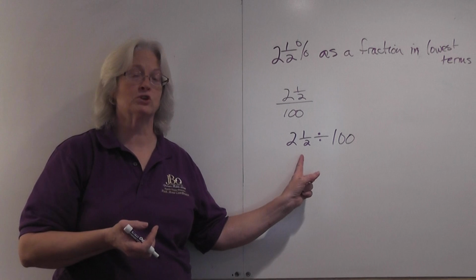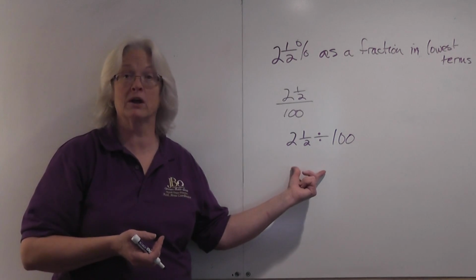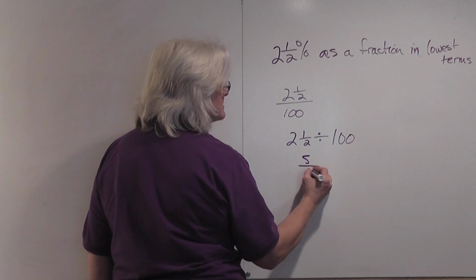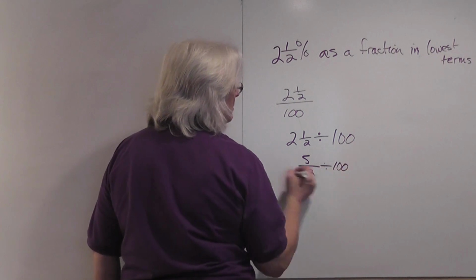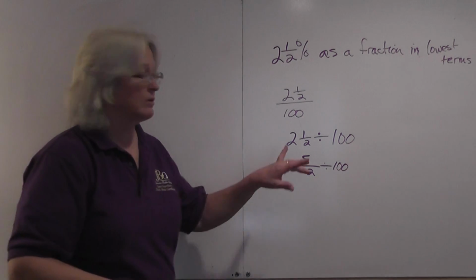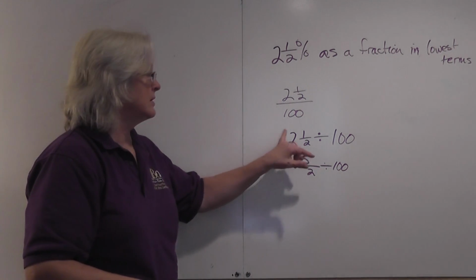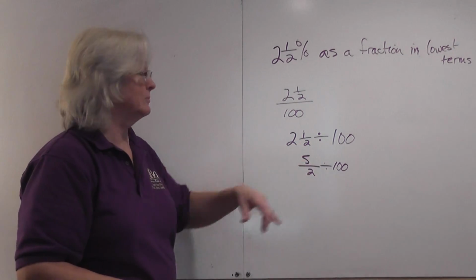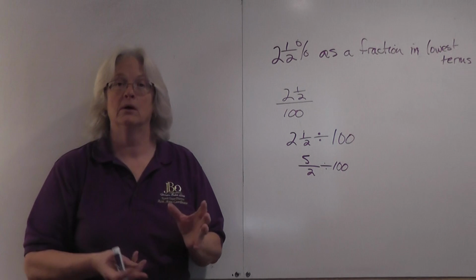That's not a fraction, it's a mixed number, but we can convert this into an improper fraction, can't we? 2.5 is the same as 5/2 divided by 100. Remember, you convert a mixed number to an improper fraction. 2 times 2 is 4, plus 1 is 5, all over this denominator of 2. Now we have a fraction divided by a whole number.